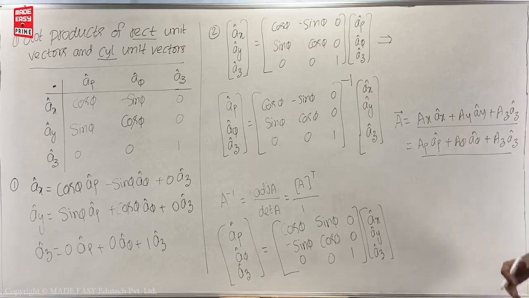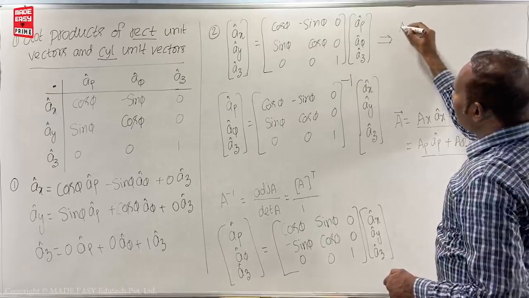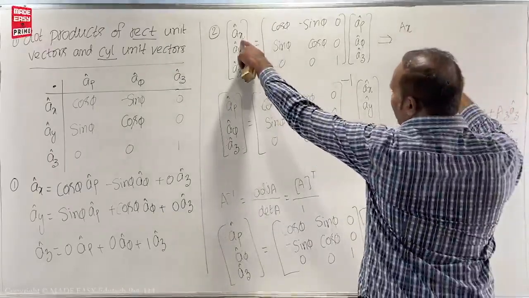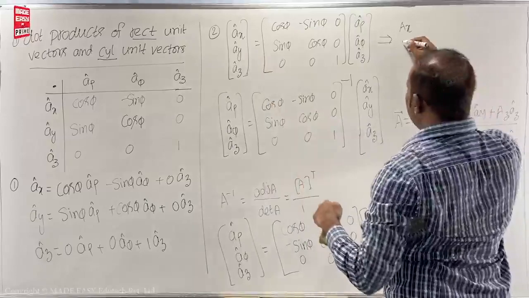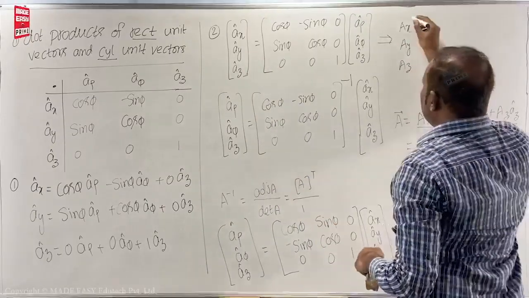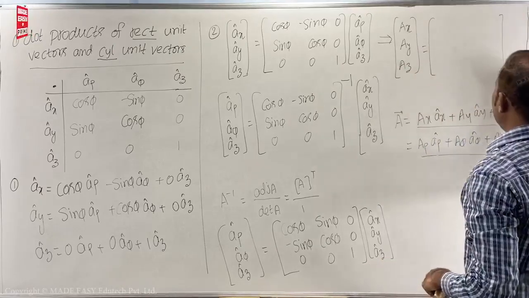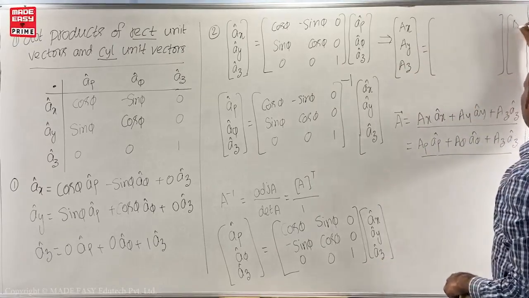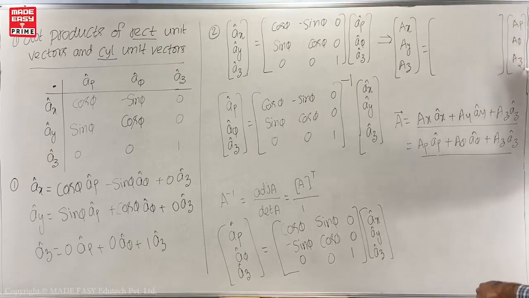Then what to do? See here, in place of unit vectors, I am writing components. If you want ax, ay, az, then they have given a rho, a pi, az components.